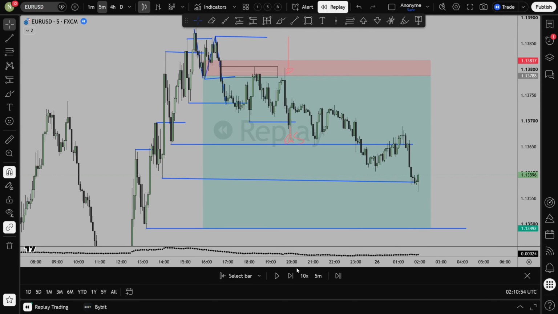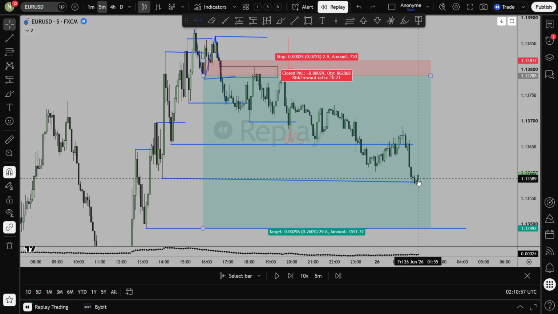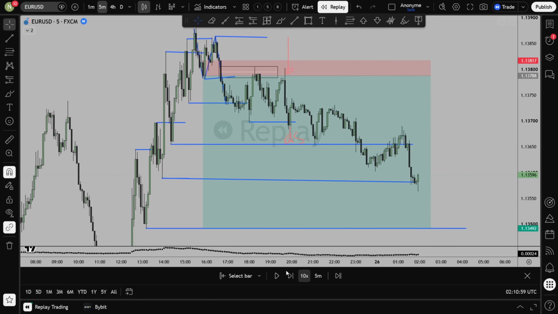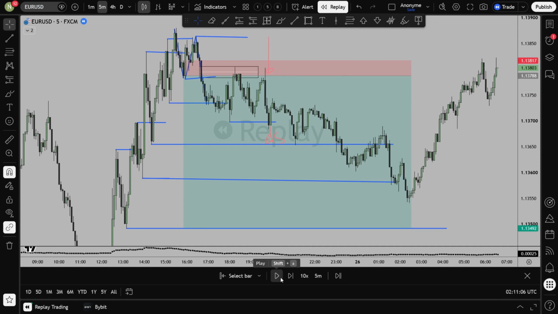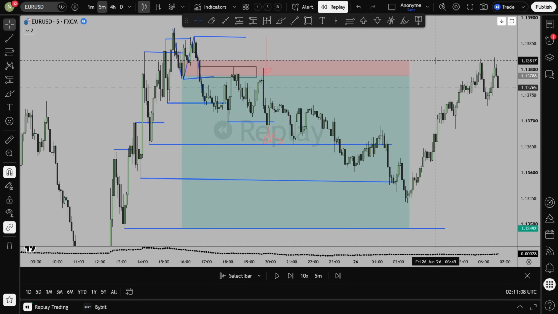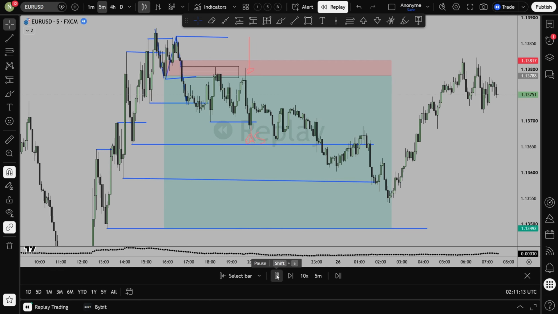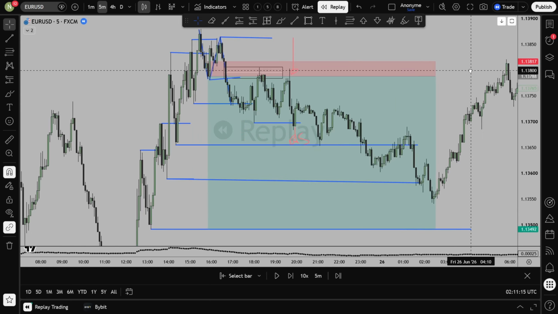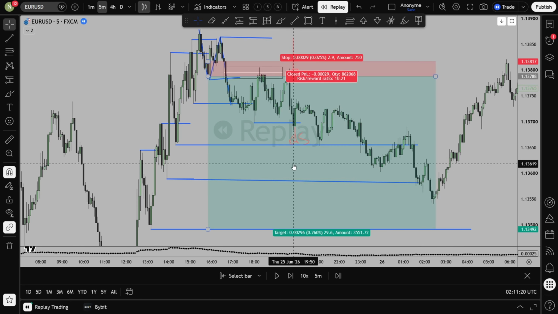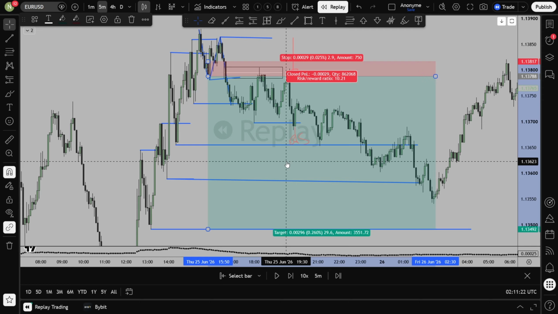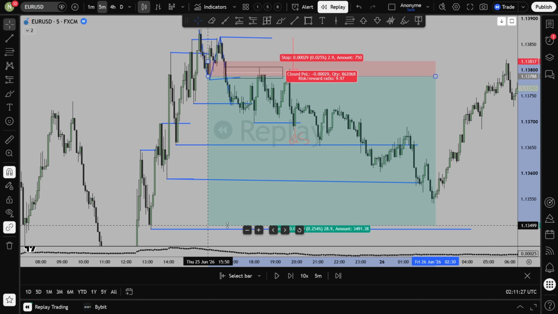And he waits a long time to reach here, or maybe it would never reach it. So it depends. Let's see it. Ah, no, it went just up. So it depends on your risk appetite. So choose wisely. Choose what you like.